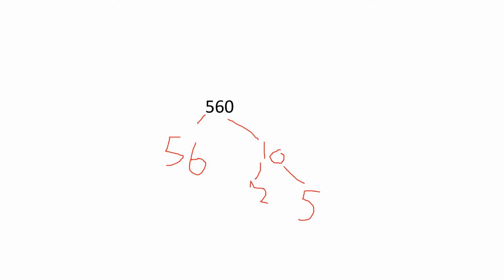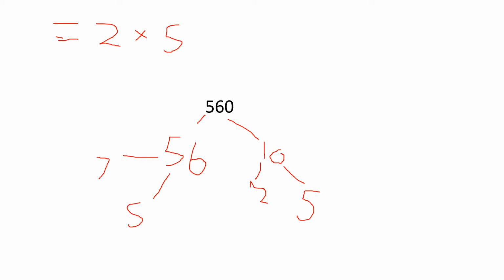Now if you notice on the previous slide, 2 and 5 are in fact prime numbers, so 560 can be written as 2 times 5. Now if we were to break 56 down, it would break up as 7 and 8.